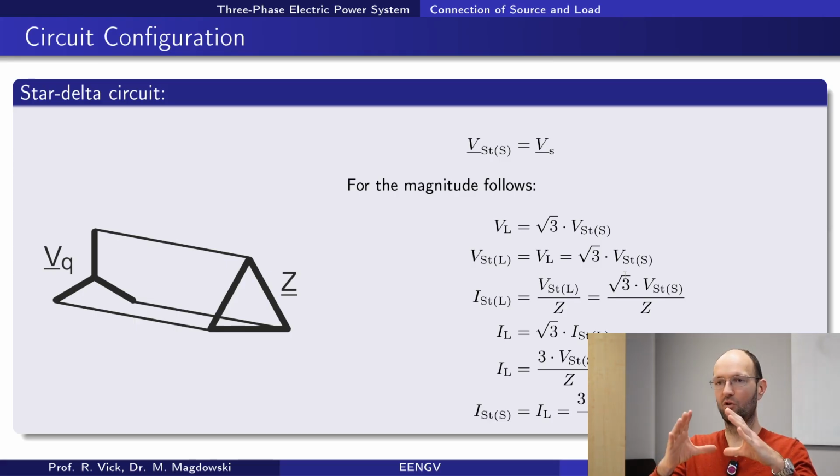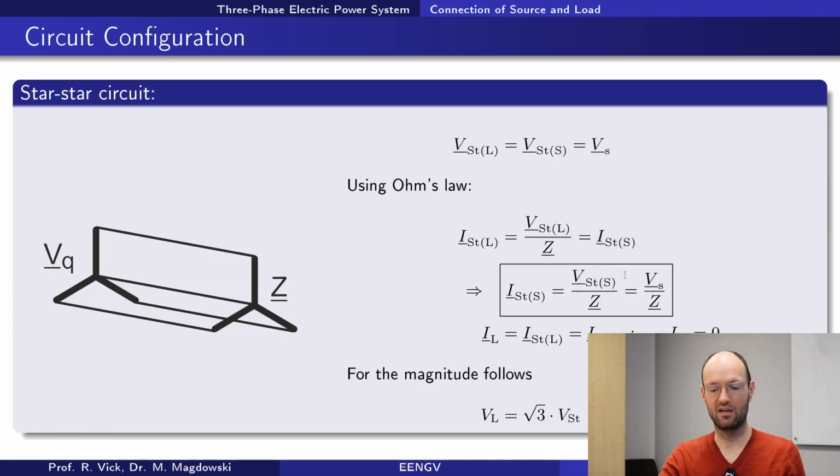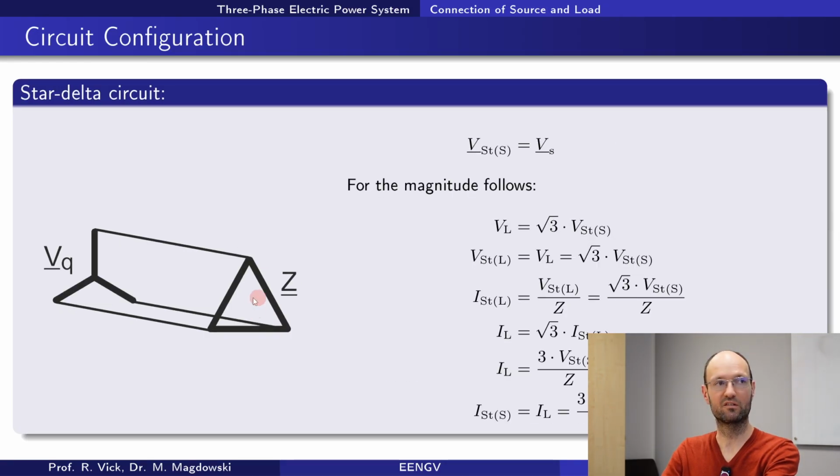So I have a load, I have a source, and I have, for example, 3 resistors as a load to have a heater. If I connect the 3 resistors like this, I get a certain power. If I take the very same three resistors and connect them like this, I get 3 times more power.